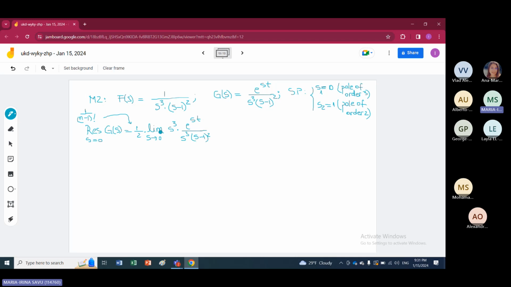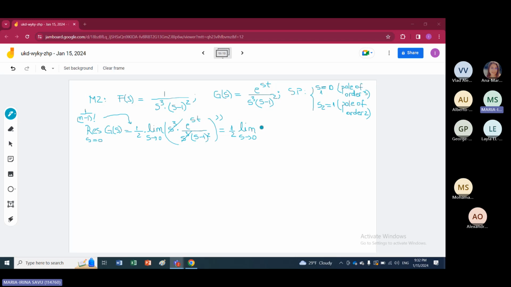And we must take the derivative of order 2, because the order is 3.